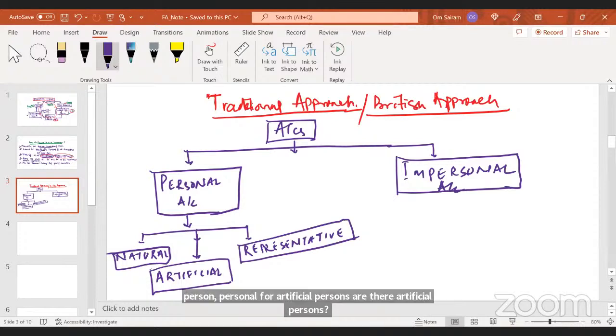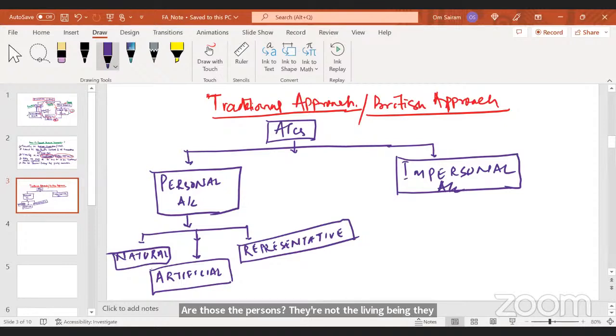They don't have life like us, but they represent a person, like any business concern, XYZ Limited, any corporation like BMC, Bhubaneswar Municipal Corporation, Cuttack Municipal Corporation, any bank like State Bank of India, HDFC Bank Limited, ICICI Bank Limited, PNB. These are all artificial persons.